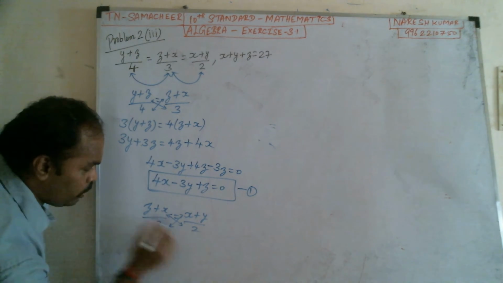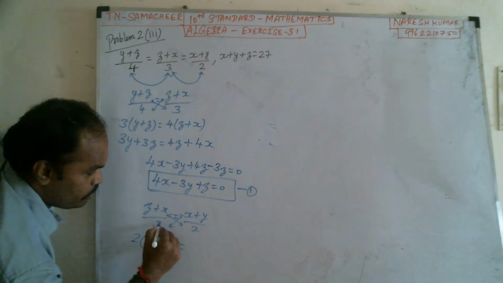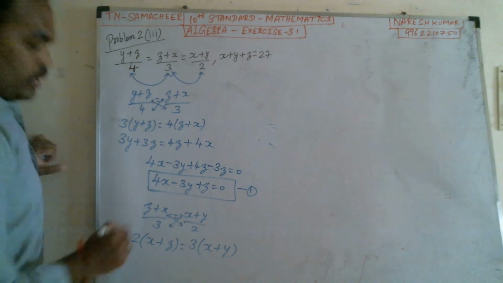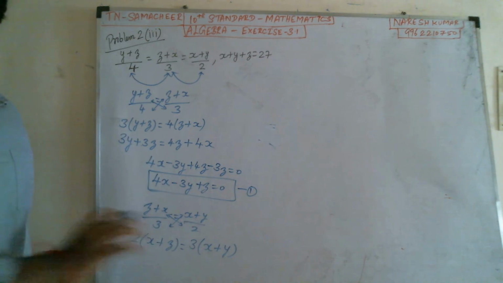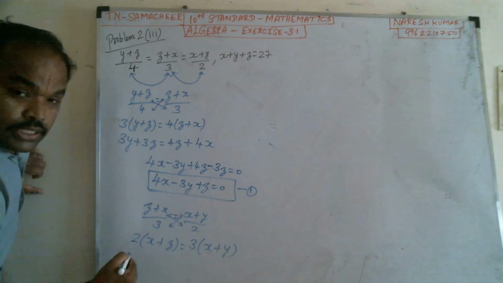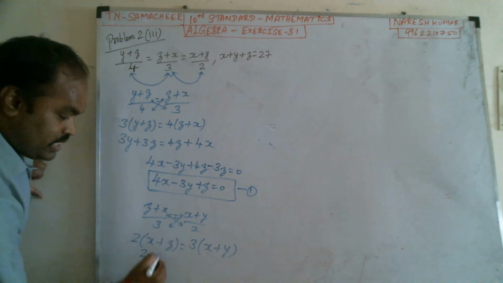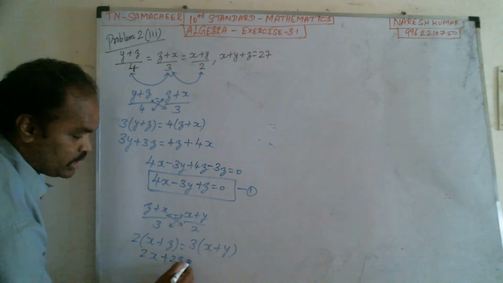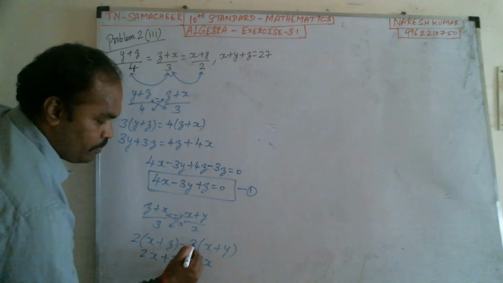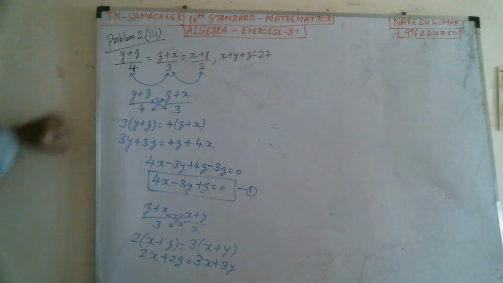So 2 into (x plus z), 3 into (x plus y). By this way we can find the equation. 2 into x, 2x. 2 into plus z, plus 2z, equal to 3 into x, 3x. 3 into plus y, plus 3y.